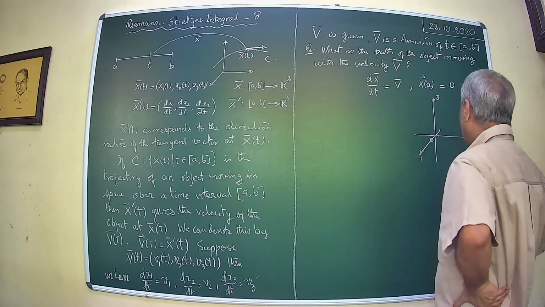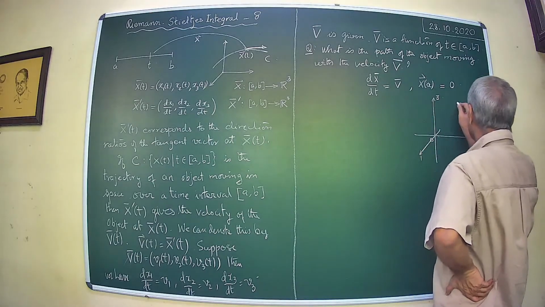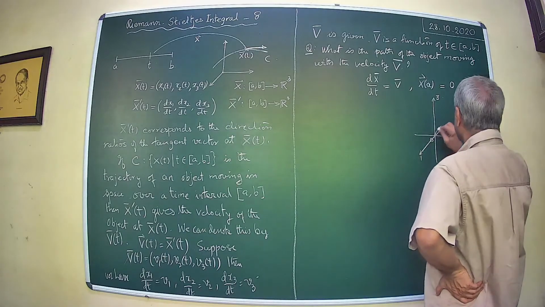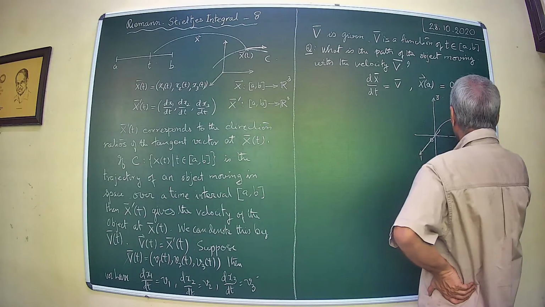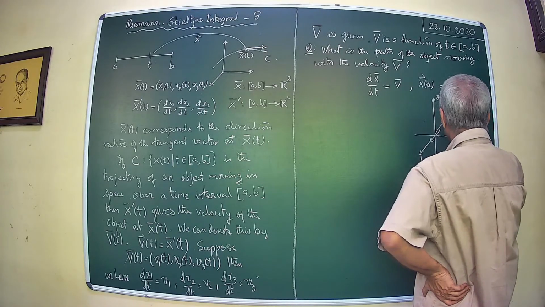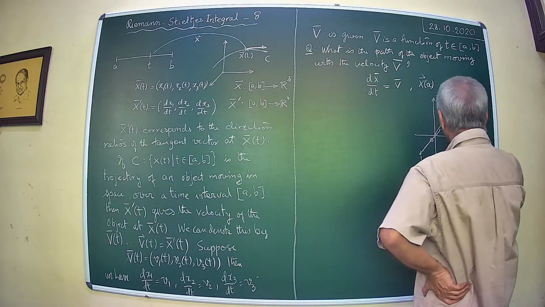Okay. So over the interval, when it reaches the time t, it would have traced the path, say something like this. Then this is the time t, and you want to find out x(t).